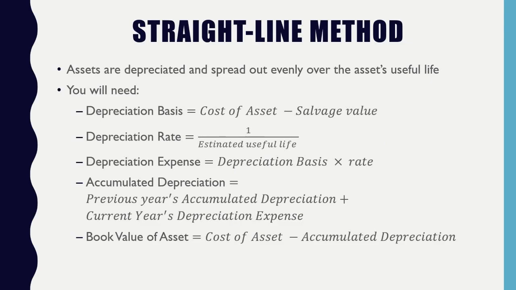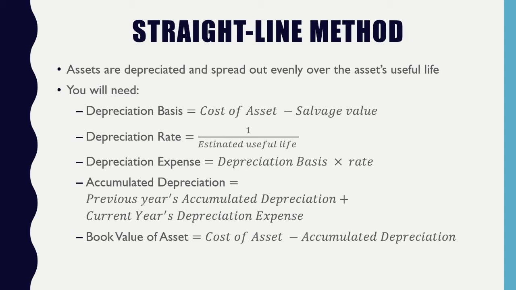Straight line is pretty straightforward in this case, right? Because what we're doing is spreading the cost evenly throughout the entirety of the asset's life. So that means every year I'm going to depreciate it equally, the same amount every single time. That's hence the word straight line.